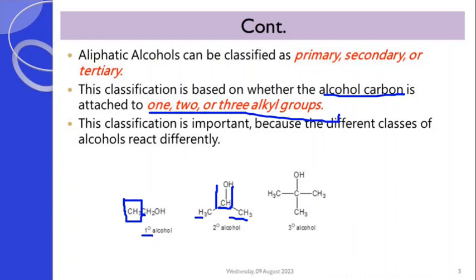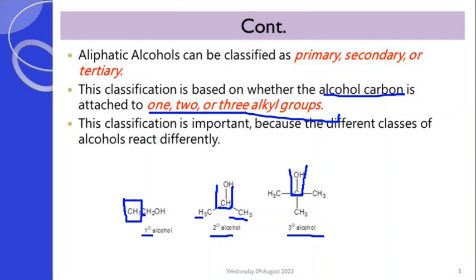Now, based on how we have explained primary and then secondary alcohol, can you find a reason why this structure is termed as a tertiary alcohol? Yes. The first thing you do is to identify the carbon attached to the OH functional group.